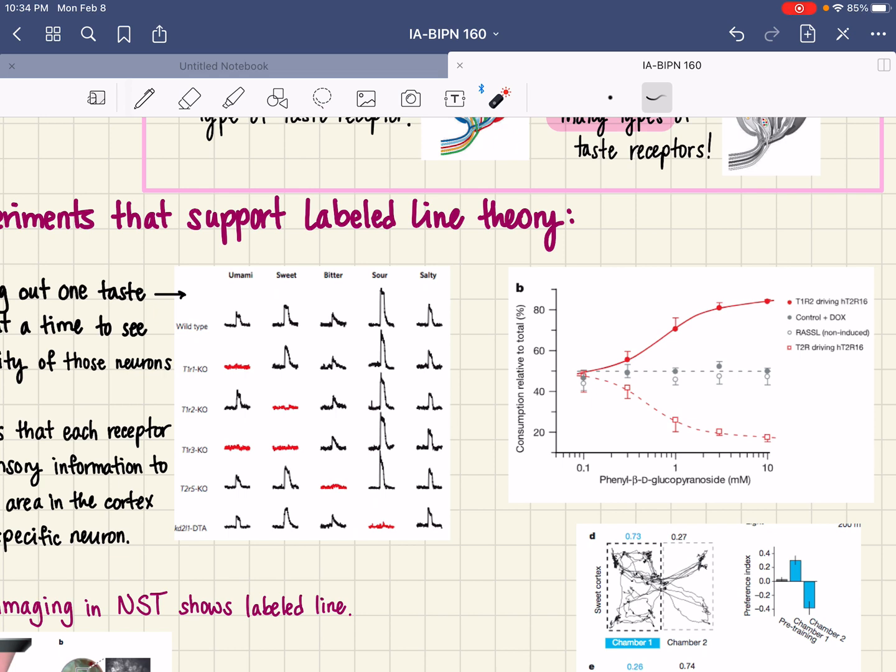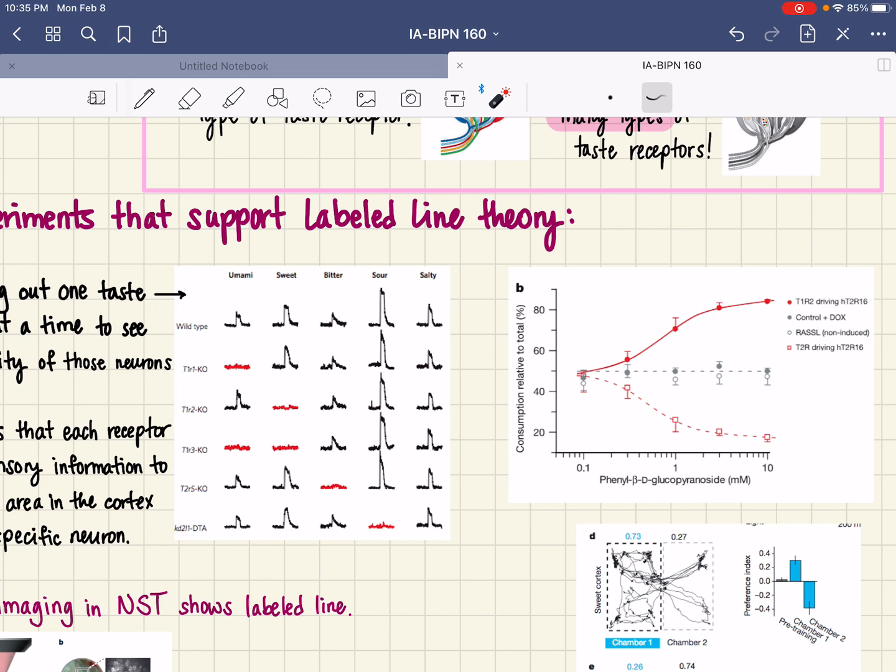I think it is the T1R2, you don't need to know, but just know that they expressed the receptor in the tongue of the mouse. And when they gave the mouse water that had a concentration of this phenyl compound, which is the molecule that activates that receptor, then certain receptors were more active than others.